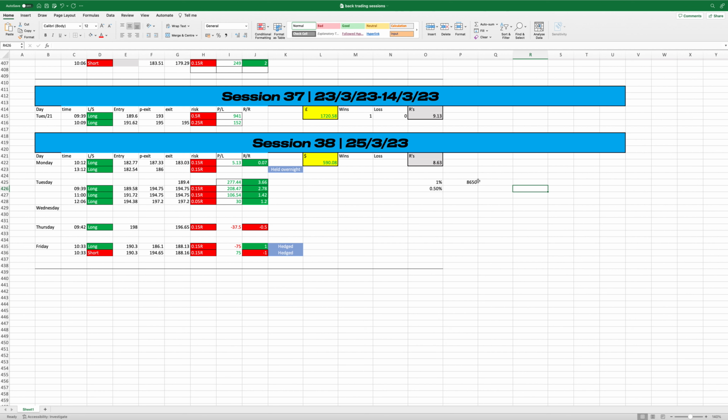So if I was risking 1% of my account, oh no, that's not right. Hang on, guys. I'm really sorry about this. Do I need to divide by 0.5? No, that's not it either. That's just times it for some reason. Why is that doing that? Alright, actually, don't worry.